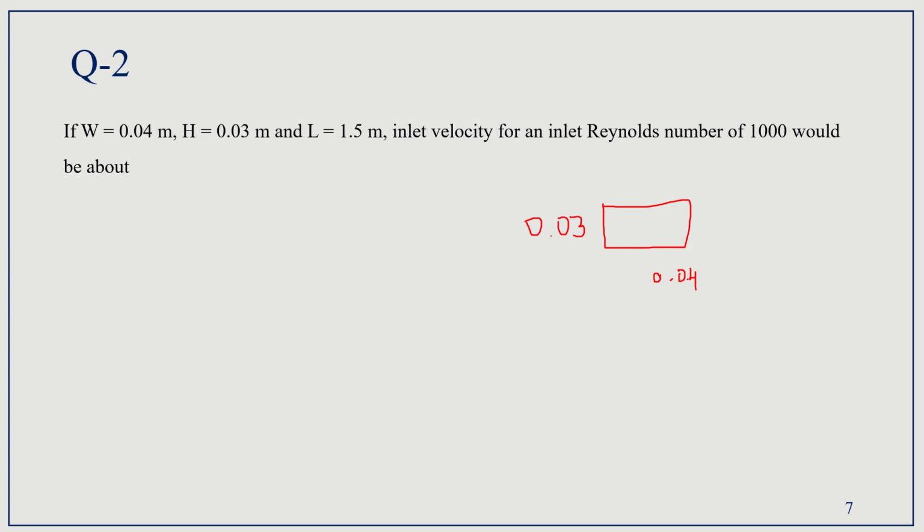First we need to determine the hydraulic diameter of the system. Generally the Reynolds number is rho V dH by mu, where D for a rectangular cross section is the hydraulic diameter.